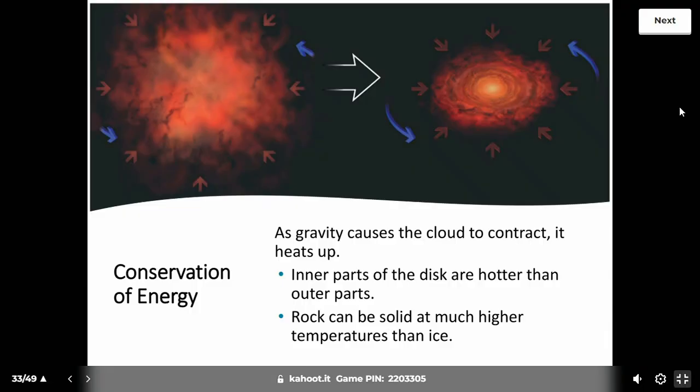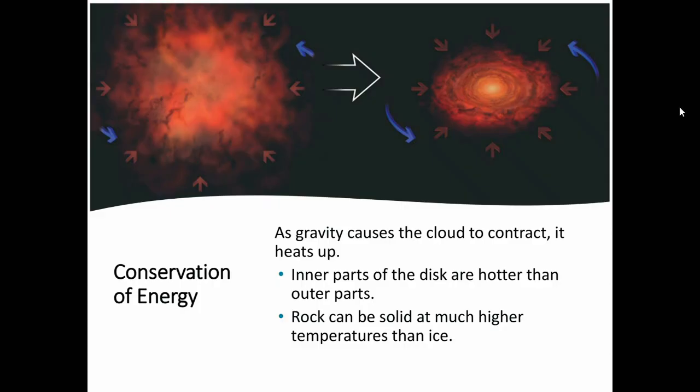As the gas cloud collapses, we have a lot of gravitational potential energy when it's all spread out, and then as we bring the gas cloud into a smaller shape, we have to convert that gravitational potential energy into something else. So we turn it into kinetic energy and heat energy, causing the center of the gas cloud to heat up.